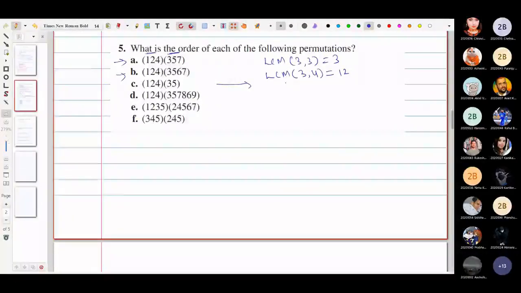They are also disjoint. So 6. And what about this one? (1 2 4), and then we have (3 5 7 8 6 9). I think they are also disjoint. So LCM of 3 and 6, and then 6.